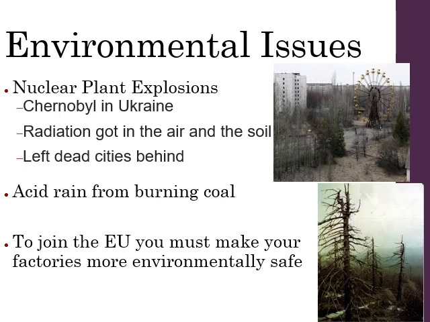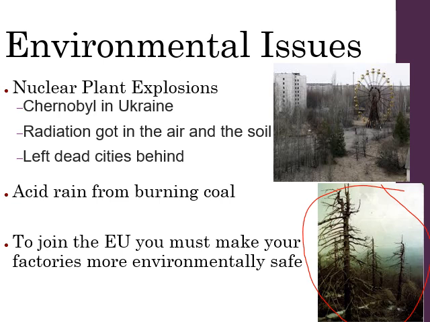Also, from all the coal burning that they do in their factories and in different plants, acid rain has become a problem because of the pollution that gets up into the air and into the rain. And it's destroying a lot of the plant life. You can see down in the bottom corner a picture of some trees that have been dealing with acid rain, and so that's a really nasty deal.